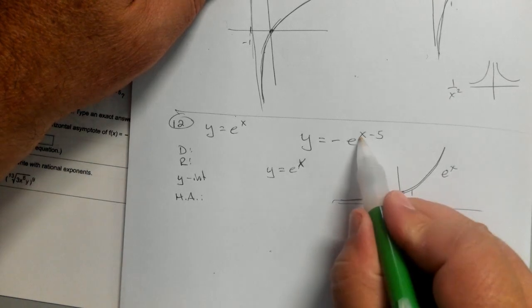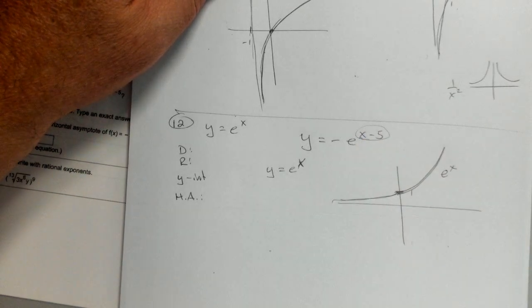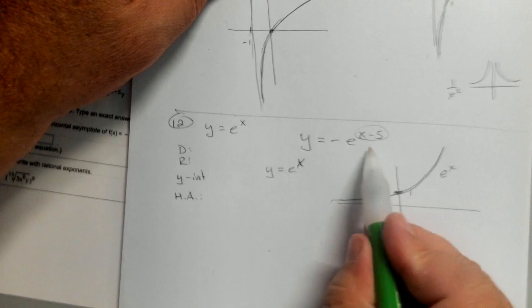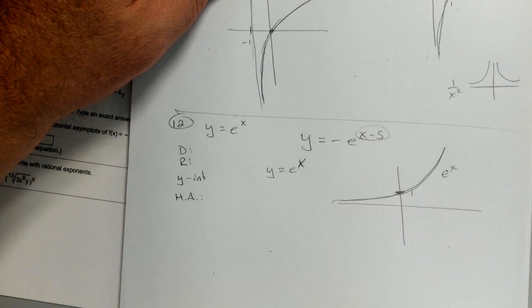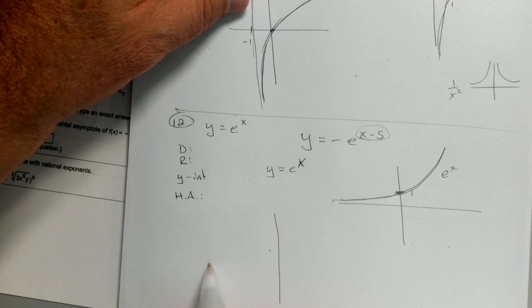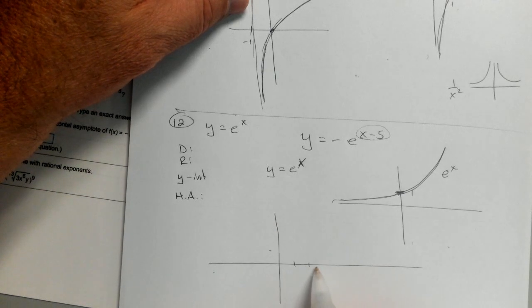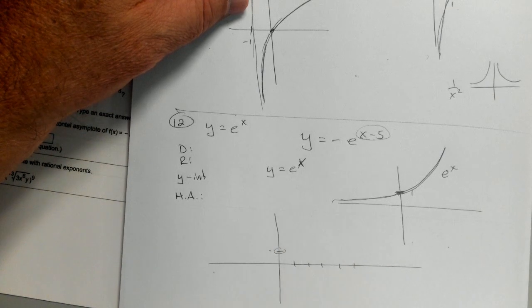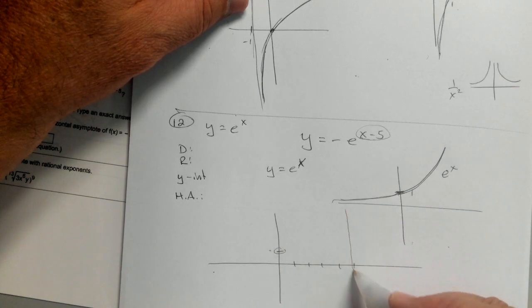Horizontal shifts always affect x first, not the function. So since it's negative, we shift it to the right 5 spaces: 1, 2, 3, 4, 5. So this intercept here is now the intercept there.